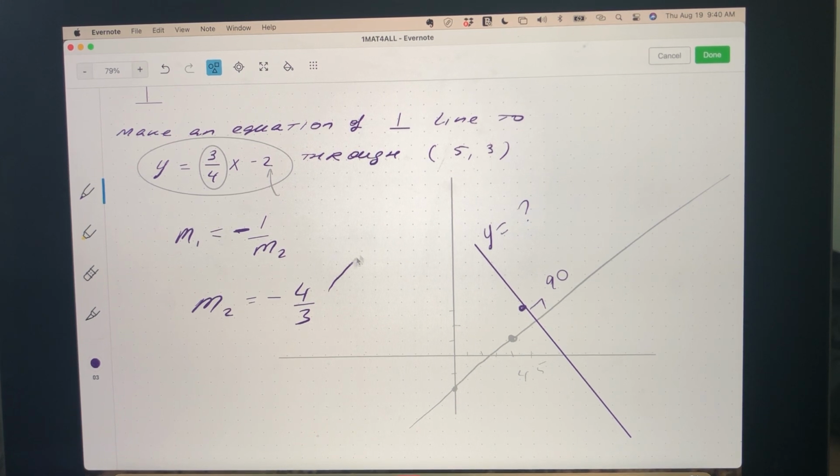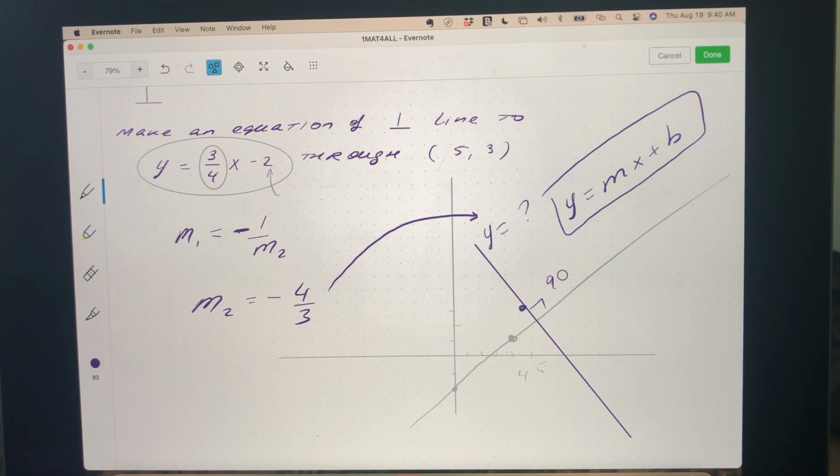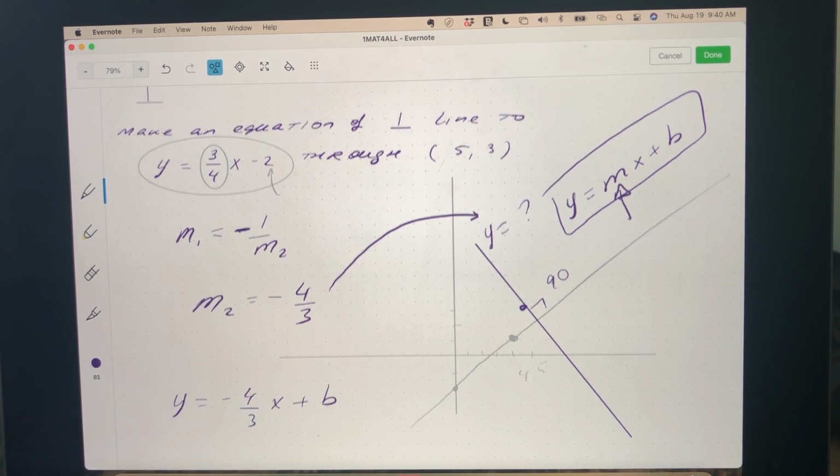That's the slope for this line, and all we need is two pieces of data, the slope and the y-intercept, to make any straight line. We already have the slope. The second piece is the b. So at this point we have y = -4/3 x + b, and we're looking for the b.